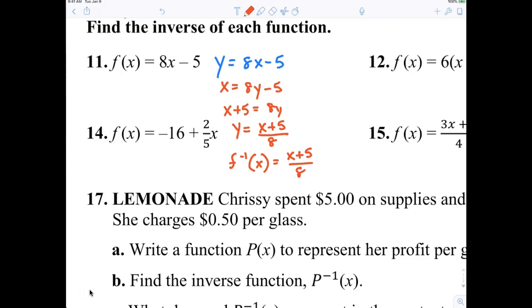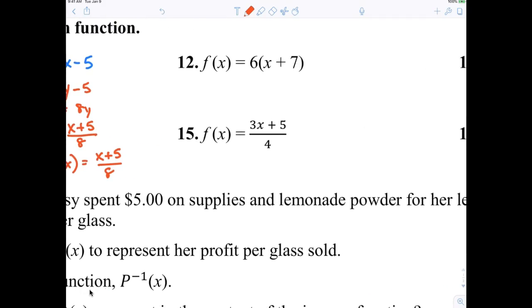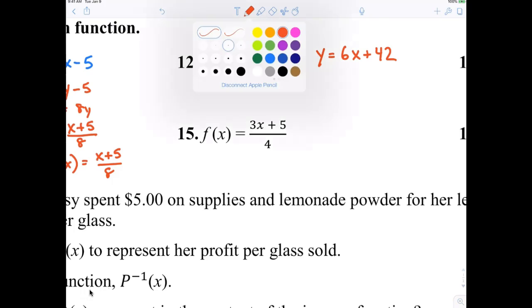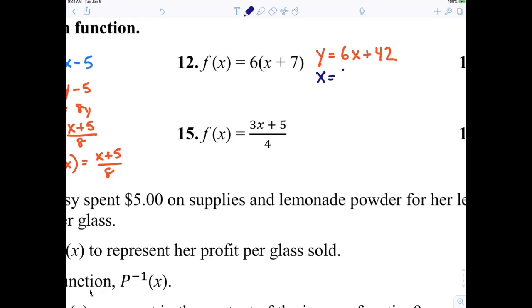All right, so just to make sure, here we go. Now for number 12, y equals, let's just go ahead and distribute, 6x plus 42. I think that just makes it easier. Everybody see that? And so now when we're doing the inverse, x equals 6y plus 42.